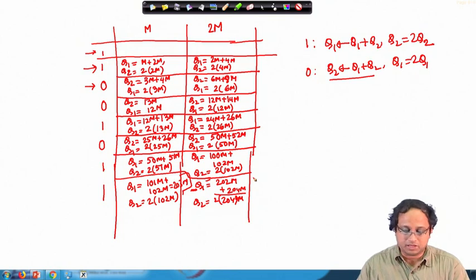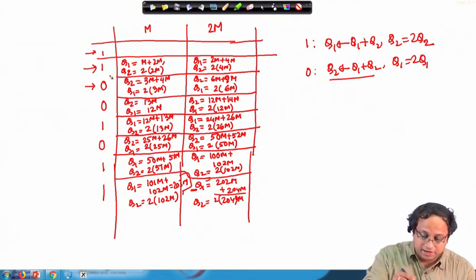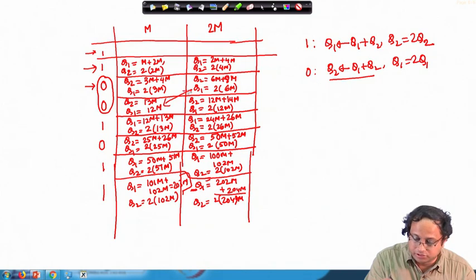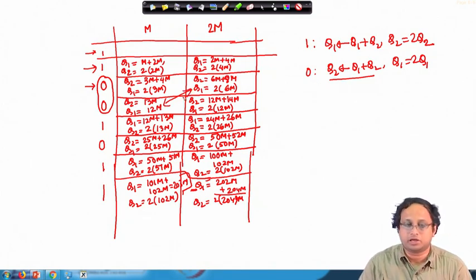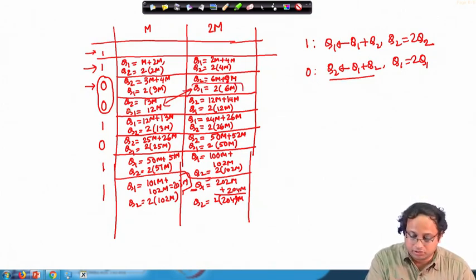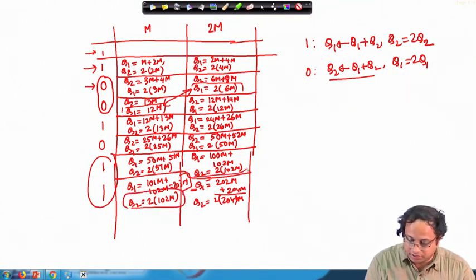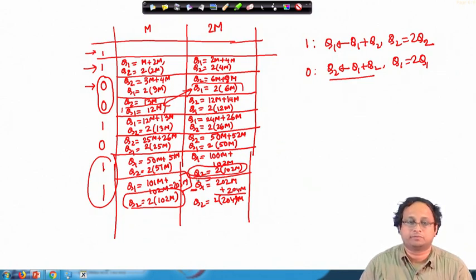Okay. Now interestingly you observe that if the two successive key bits are 0, and if you target the register Q1, you will see that both of them compute the same value. Okay. Like in this case it is 12m, this is also 12m. Here also if these two are ones, and if you target this Q2, that means whenever there is a doubling operation, you will see that the doubling essentially has got the same result. Okay.